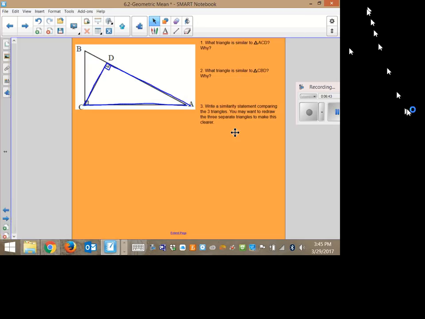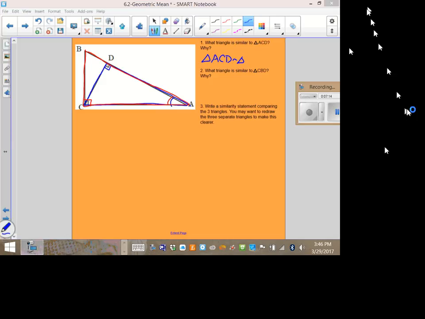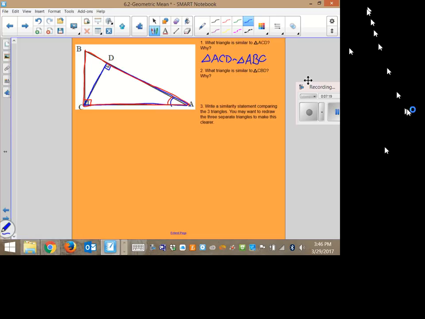We also see a right angle down here in C. So we can say that angle C is congruent to angle D. And then we can also note that angle A is congruent to angle A. So we can again see that our medium triangle is similar to our big triangle. So we can say that triangle ACD is similar to triangle ABC, and that is by angle.